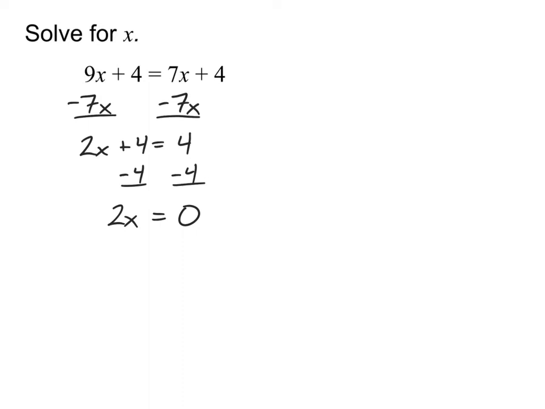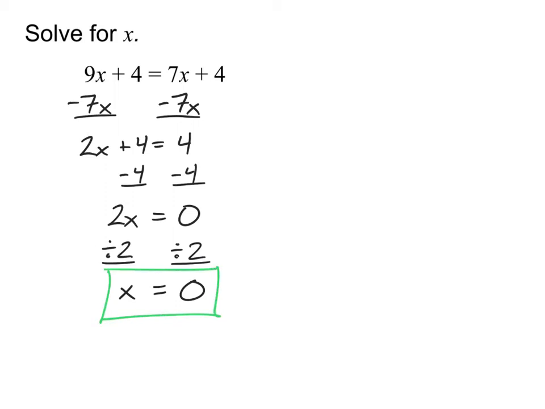Well, right now it's 2 times x, so let's divide by the 2. And you'll notice then that that means I'm going to be doing 0 divided by 2. Well, on the left side, that gives me x, and on the right side, 0 divided by 2 equals 0. And so that would actually be our final answer here, is that x equals 0.